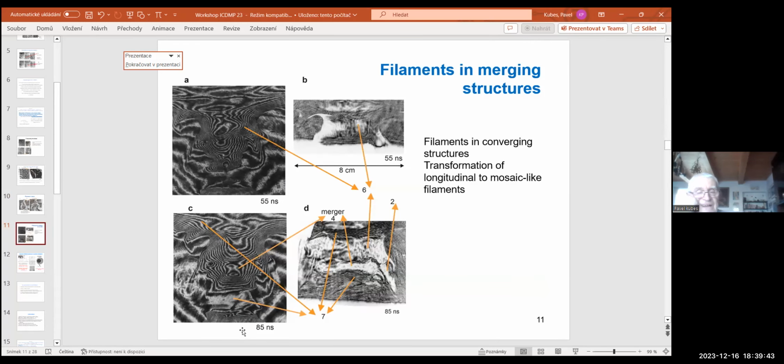In this slide, we see interesting filaments in the areas in the dense column when we have connection of two structures, for example, in this case or in this case, connection of top of two plasmoids.